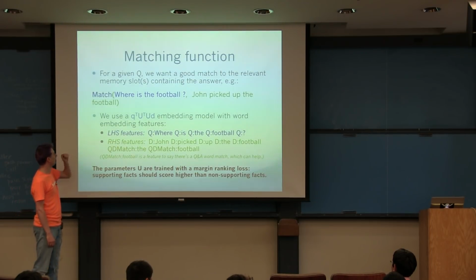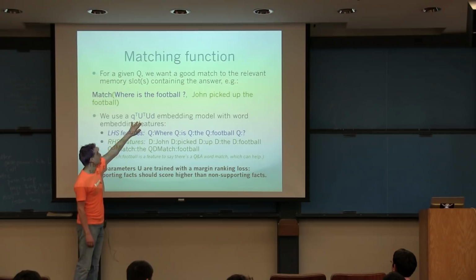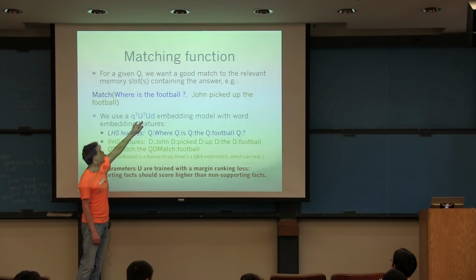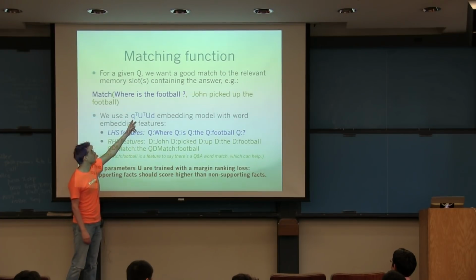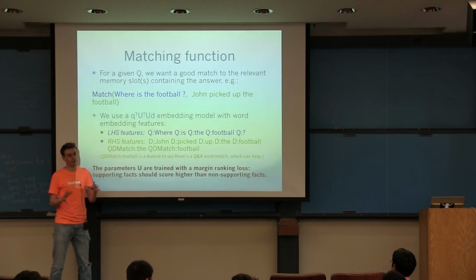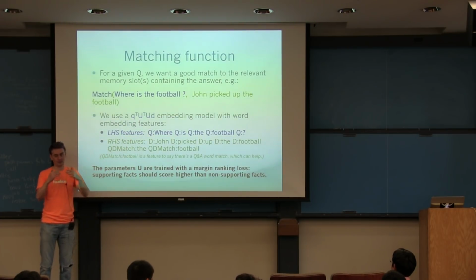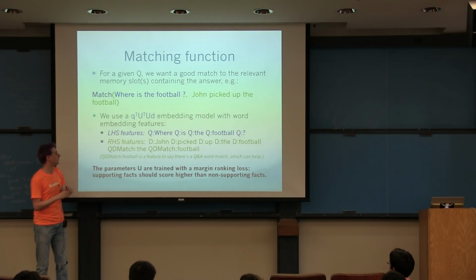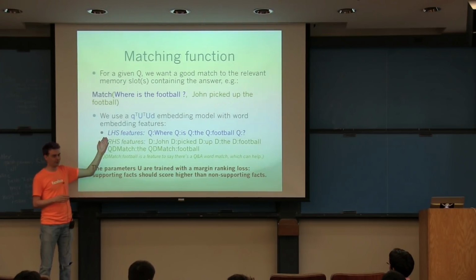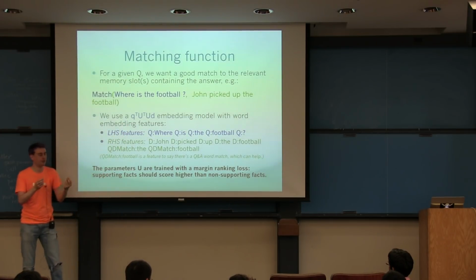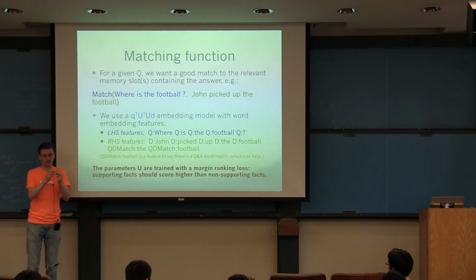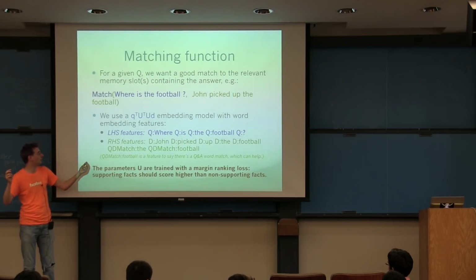So to do this, we have this matching function here. Q is the question, and D is one of these possible memories, and the U matrix is the set of all your word embeddings. You've probably all seen this kind of thing before. Q is basically of dimension the size of the dictionary.